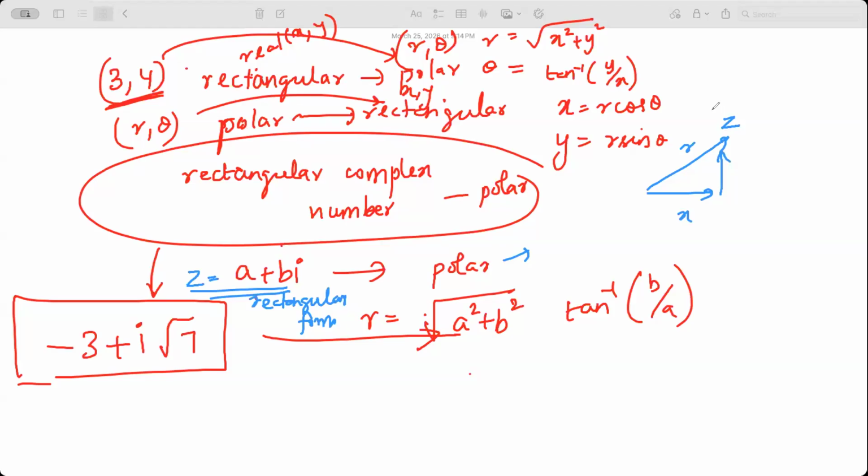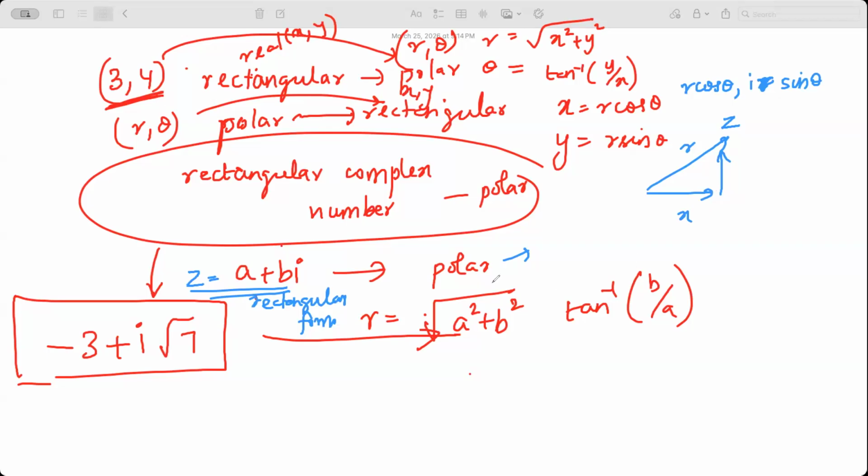So basically, when I write a complex number in polar form, I would want to write it out as r cos theta, plus I r sin theta. This is how I would want to write down. So this is a teeny tiny bit tricky.